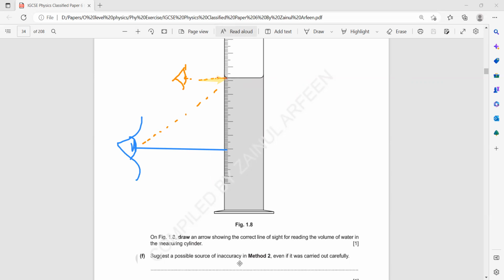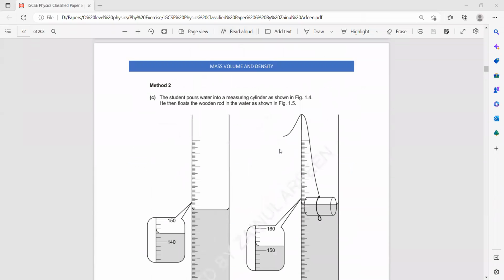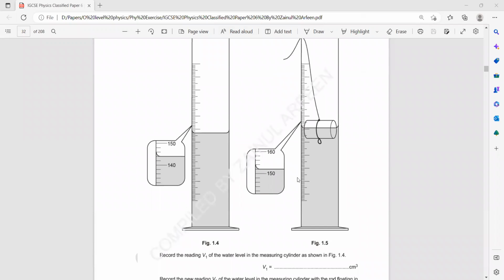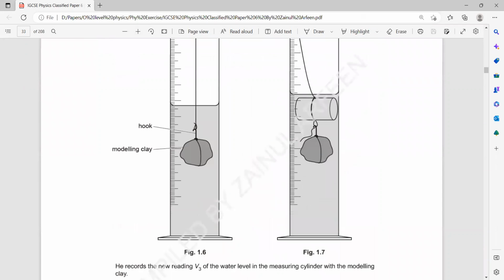Suggest a possible source of inaccuracy in method 2. What might be the inaccuracy? In method 2, what did the student do? The student tied the wooden rod with a string. So the string may be thick, so the volume of the string is included. That is one.